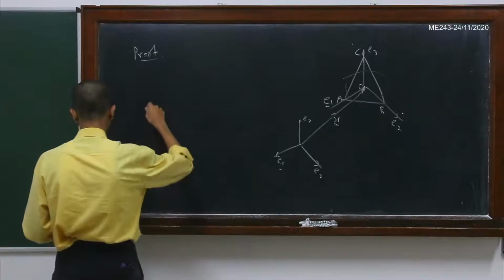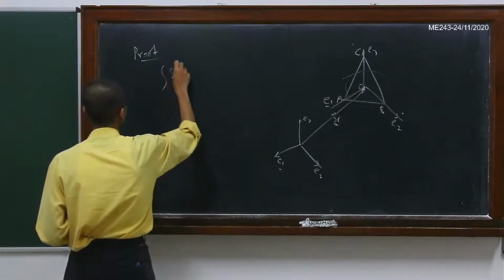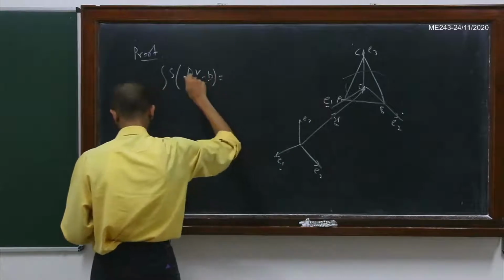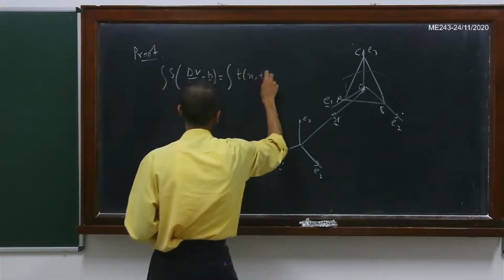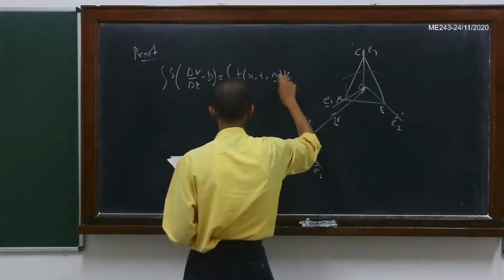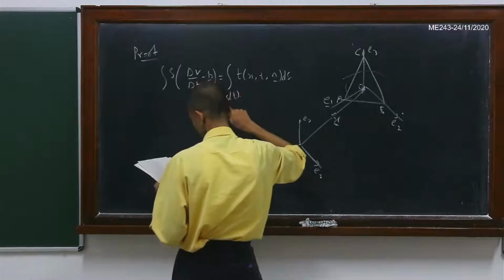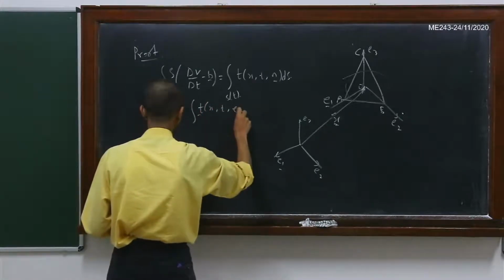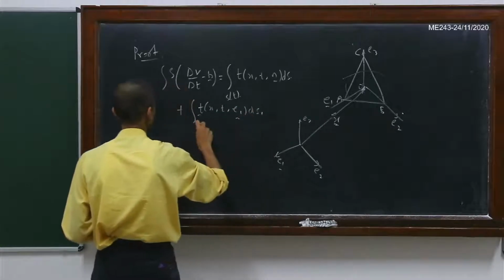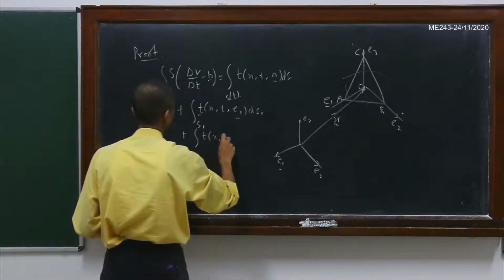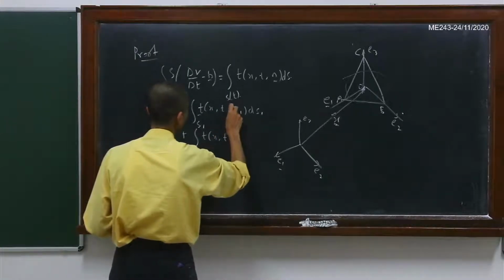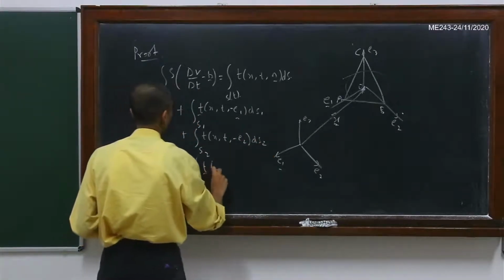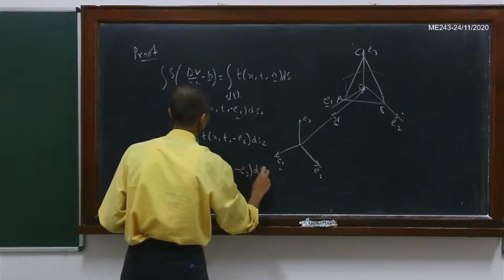If you write this as the integral of rho times (dv/dt minus b) dv, that is equal to the integral of t(x, t, n) ds over S(t), plus the integral of t(x, t, minus e1) ds1 over S1, plus the integral of t(x, t, minus e2) ds2 over S2, plus the integral of t(x, t, minus e3) ds3 over S3.